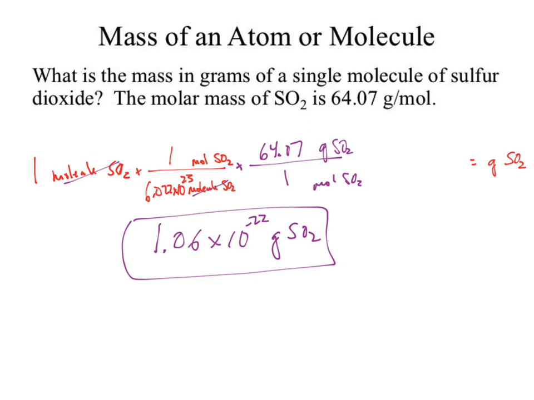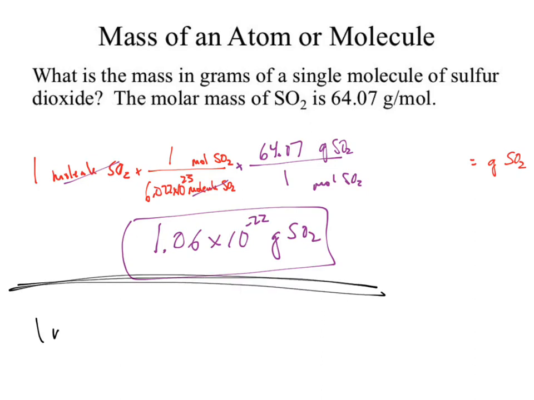For sig figs, we need one more number, so it's 4 sig figs. This is a weird one for sig figs because we're saying a single molecule. Don't stress on sig figs for this one.